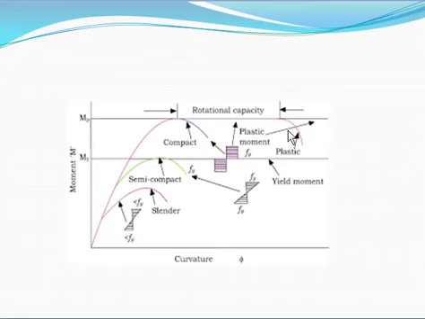Means the plastic section has the highest moment of resistance capacity, after that there is the compact section, after that the semi-compact, and slender is the section having the least capacity of moment of resistance. From this figure you can easily get the idea about the most critical section or most critical element.